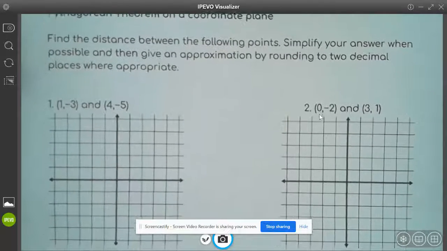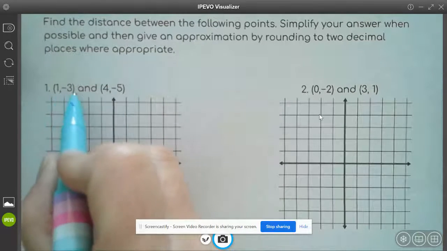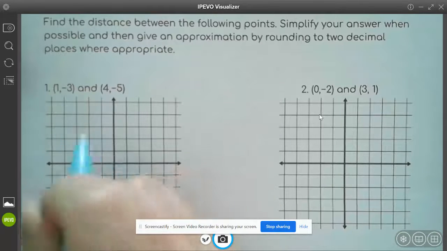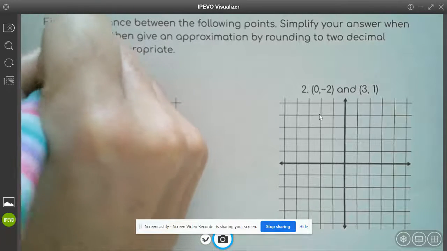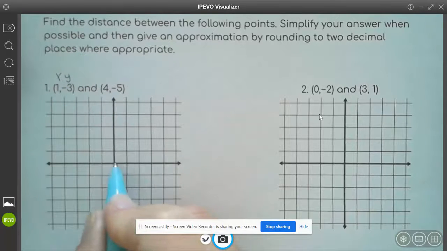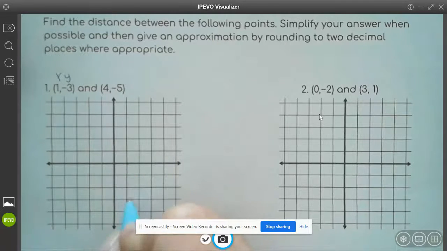So the first thing that we're going to remember is how to plot points. So let's do that. So 1 and -3. So we start at 0 and then we go to the right. So remember, this is x and this is y. We go to the right from 0, 1. And then because it's negative, we're going to go down 3 units. 1, 2, and 3.